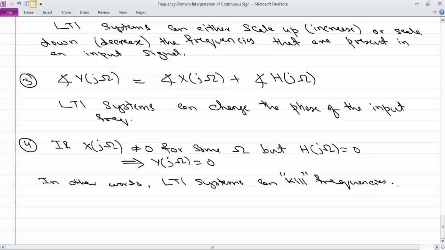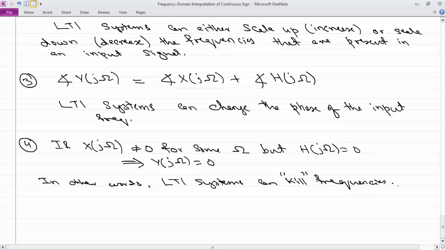Number two, LTI systems can eliminate frequencies in the input signal, right? Number three, LTI systems can increase or decrease the contribution of frequencies in the input signal. And number four, they can change the phase of the input frequencies.